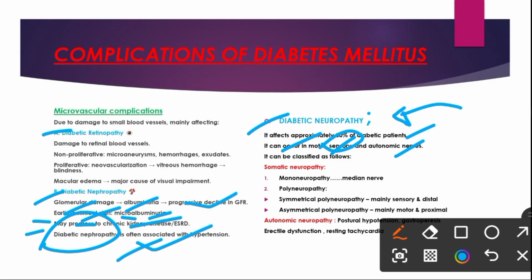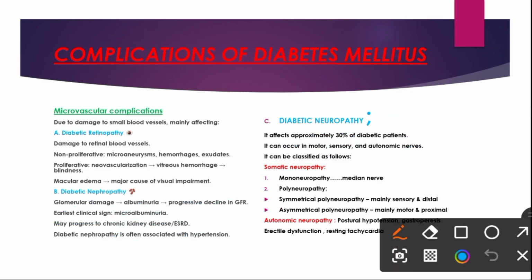Diabetic neuropathy is classified as somatic neuropathy or autonomic neuropathy. Somatic neuropathy includes mononeuropathy that involves damage to a single nerve, that is when the median nerve is involved, that causes carpal tunnel syndrome. Polyneuropathy, multiple nerves are involved. A polyneuropathy may be symmetrical, meaning that it involves both sides, and the symmetrical polyneuropathy mainly involves the sensory nerves, and they involve the distal part of the body.